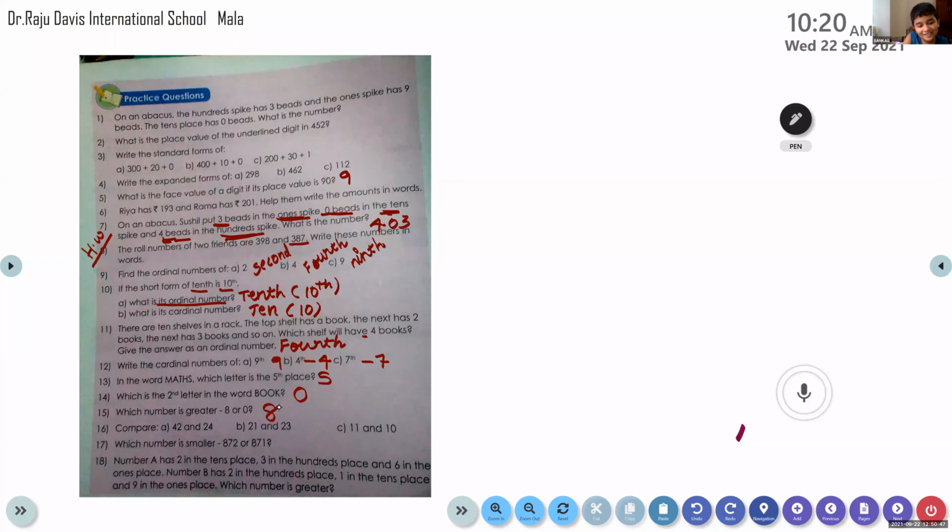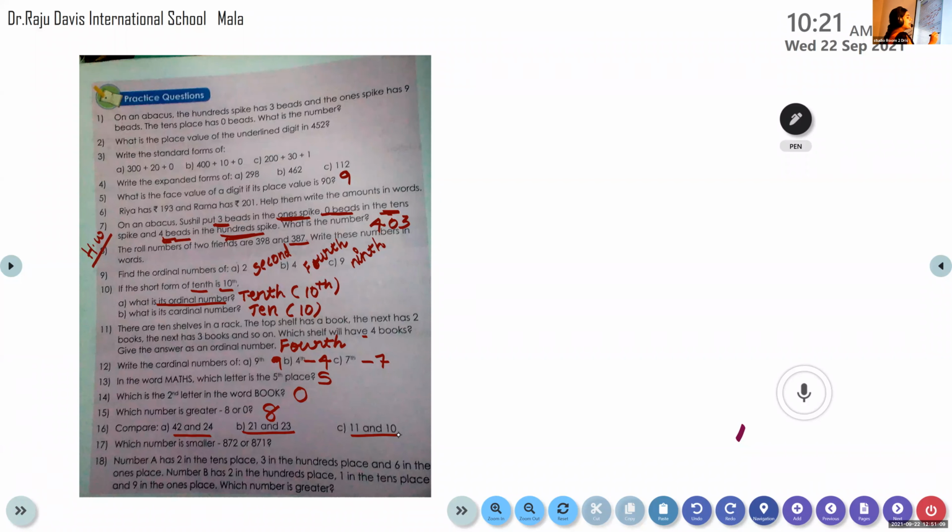Very easy. Now 16th question, it's for comparing. All of you do it yourself and I will ask you one by one. You have to compare 42 and 24, 21 and 23, 11 and 10. Please compare fast. How to compare?